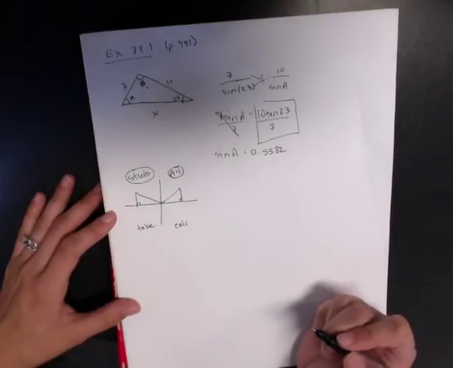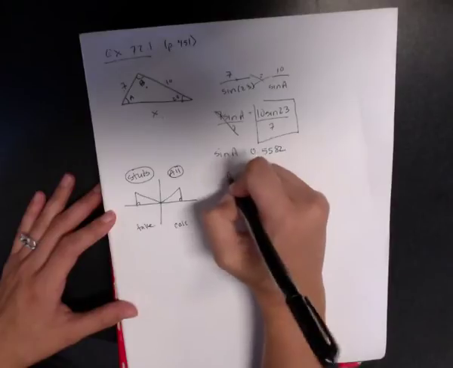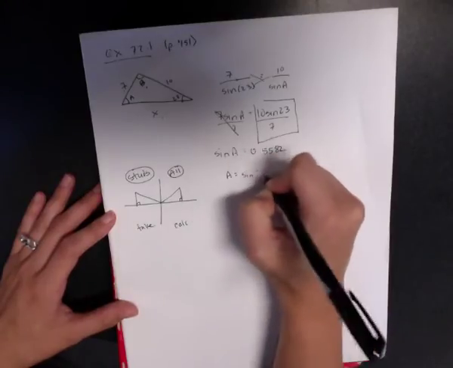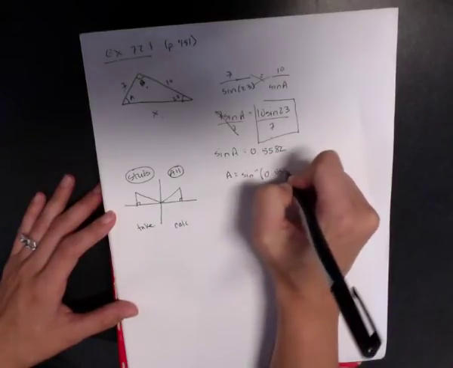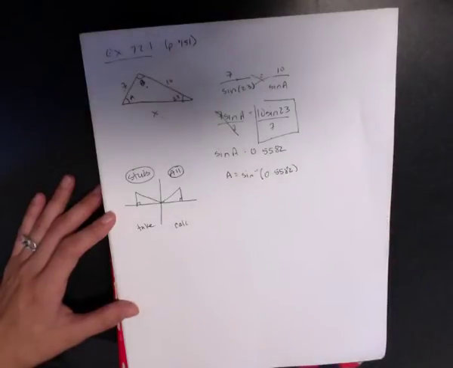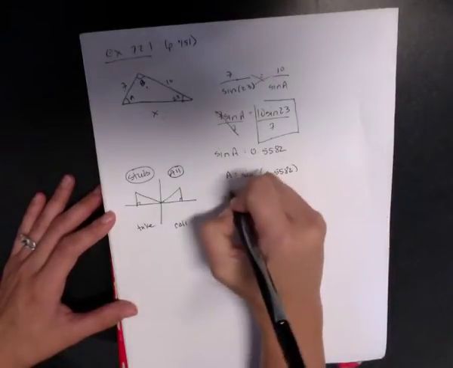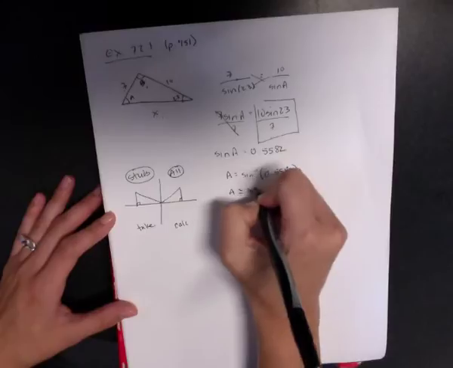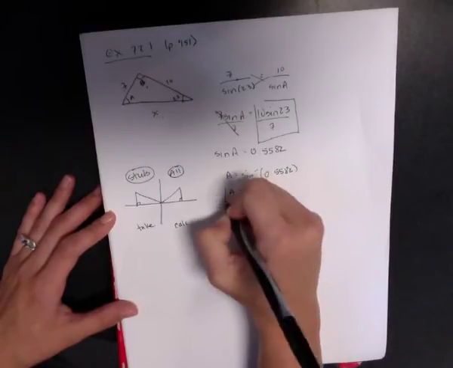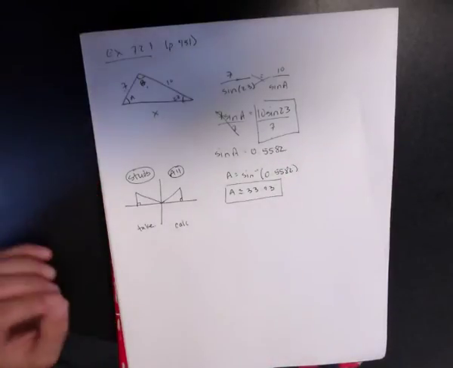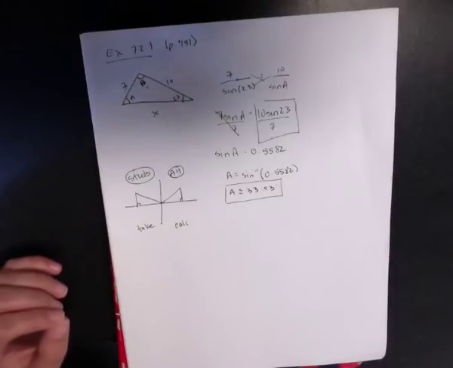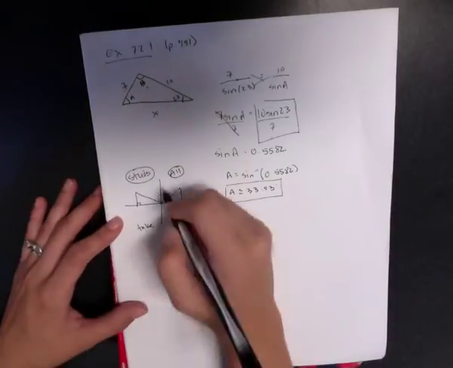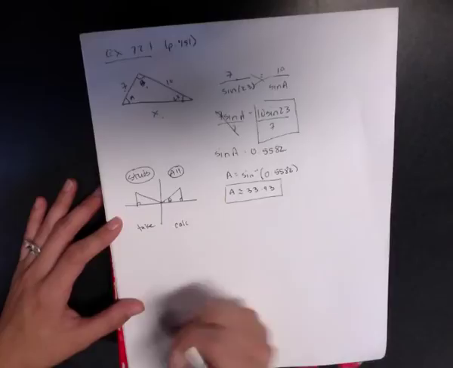Okay? Now, to solve for A, it is the inverse sine of 0.5582, which gives me that A is approximately 33.93 degrees. That is one of my answers, which would be this angle here.